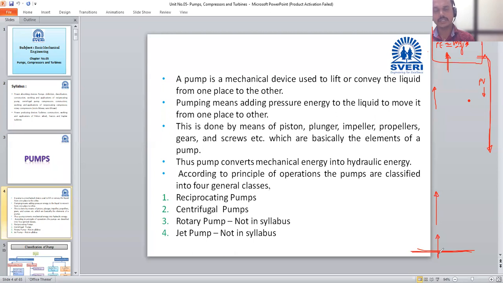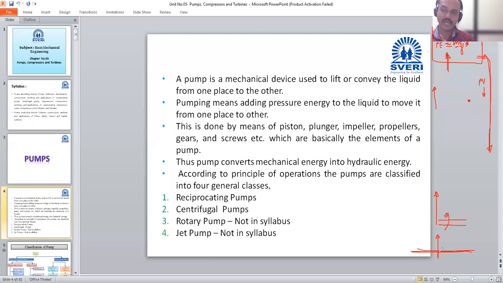That energy can be added with the help of mechanical devices, where the shaft starts rotating. Only a rotating shaft is not sufficient, so an impeller and casing are provided.